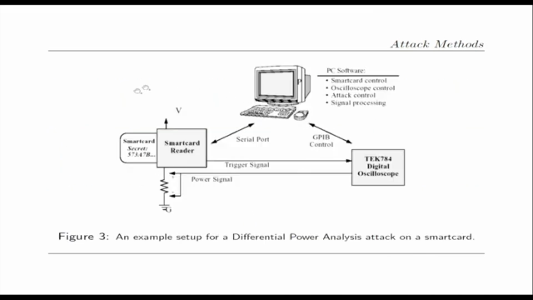So, this is the setup for a differential power analysis attack on a smart card. Now we will talk about a general device which will work on any cryptographic algorithm.